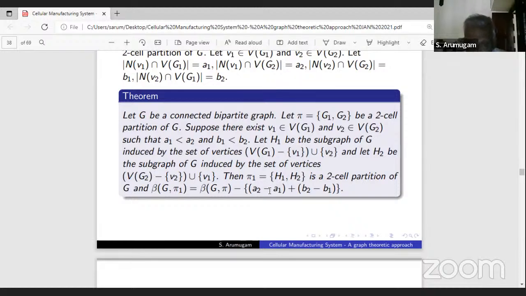So if A2 is bigger than A1 and B2 is bigger than B1, then beta G pi becomes smaller than beta G pi 1. So the number of exceptional edges gets improved by some process. This process also I do in the algorithm. Okay, good.